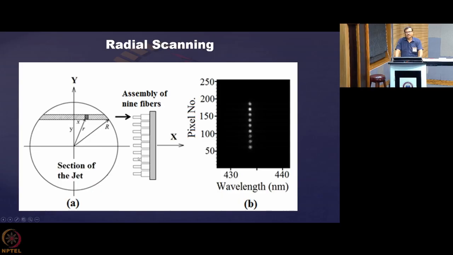Now, what we are interested in is the radial distribution of temperature. So I want to know exactly what temperature is here, what temperature is at the center, what temperature is there near the periphery, but I am just helpless, because all the atoms which are there along the chord are all radiating, and my fiber is capturing the intensity which is integrated over the whole length of line of sight.